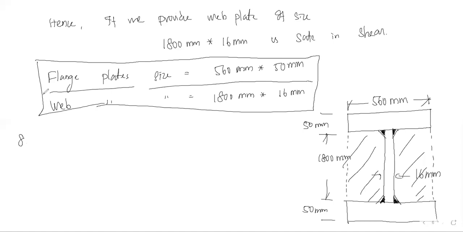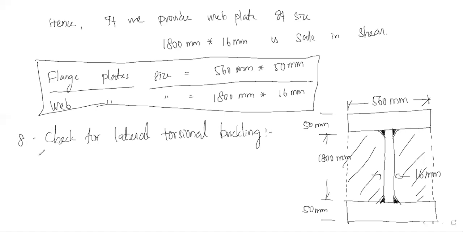Now let us move on to another step, that is the eighth step. Check for lateral torsional buckling. This step we have to do if the girder is not laterally supported.